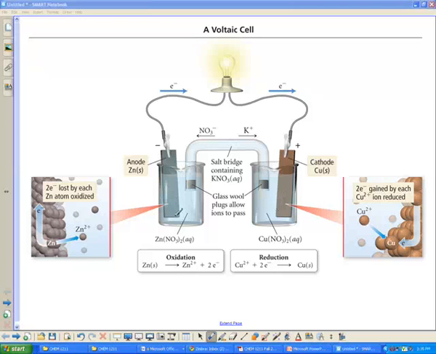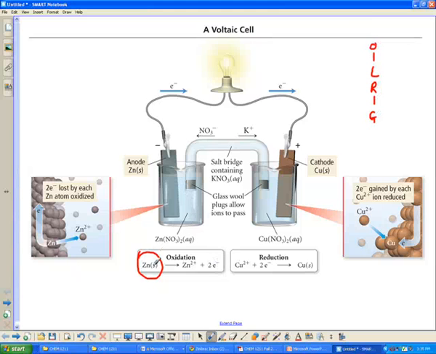Now, in the oxidation at the anode, you'll always see the species, the metal strip, losing electrons. That's what oxidation is, losing electrons. You remember the mnemonic OIL RIG? That's absolutely still true here. Oxidation is loss, reduction is gain. So when the zinc loses electrons, part of that metal becomes zinc 2+, which is water soluble, so it goes into the water.